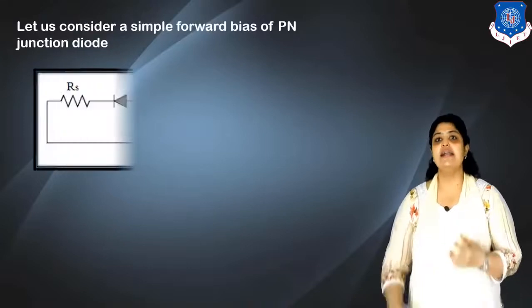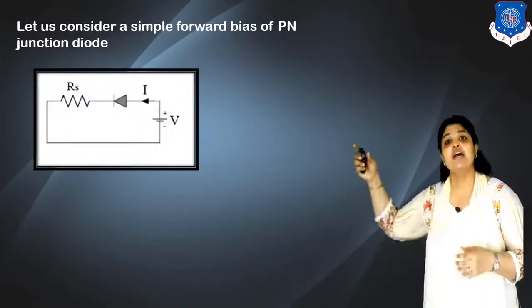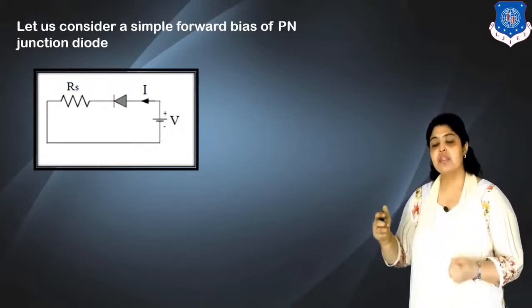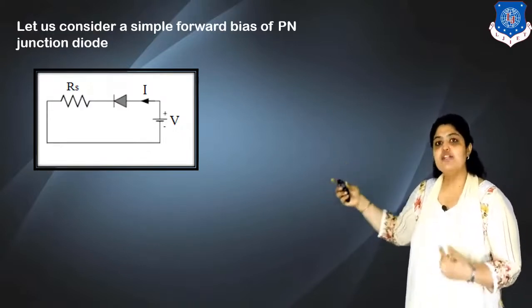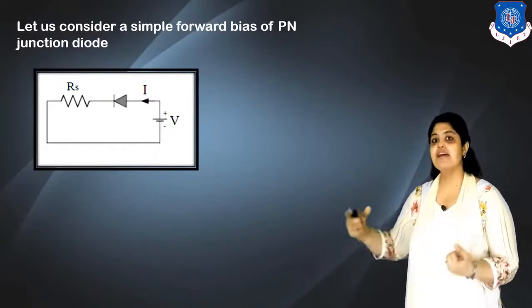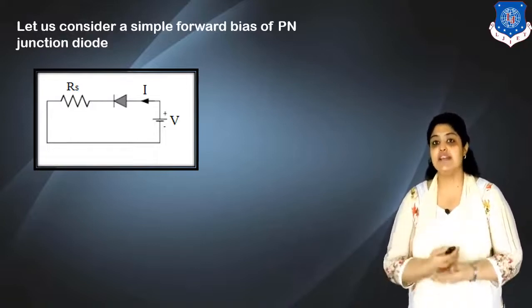Before I start, let us just consider a simple forward bias of a PN junction, which has a PN junction connected to a series resistance and a supply. V is the supply voltage, I is the current through the circuit, Rs is the resistance we have connected, and say for example we measure the diode voltage as Vd.